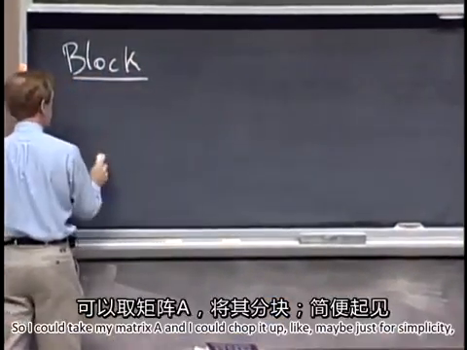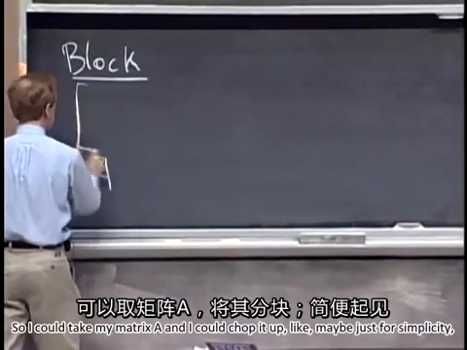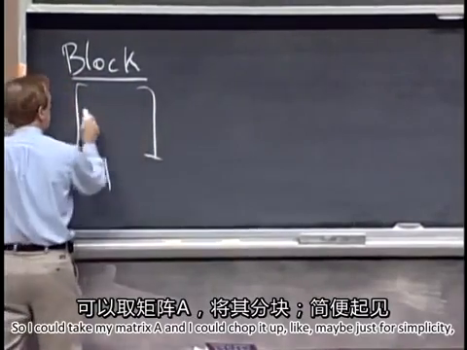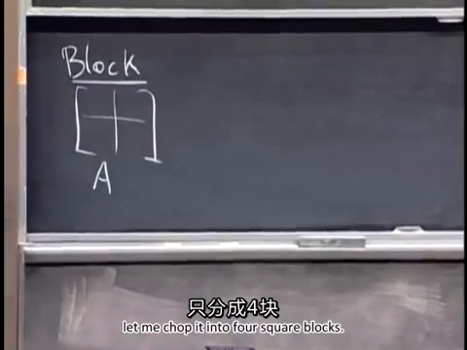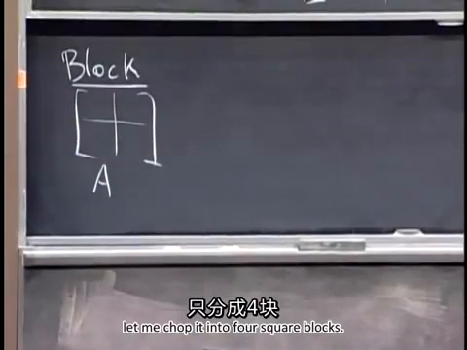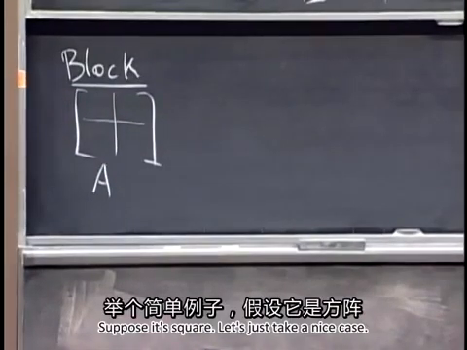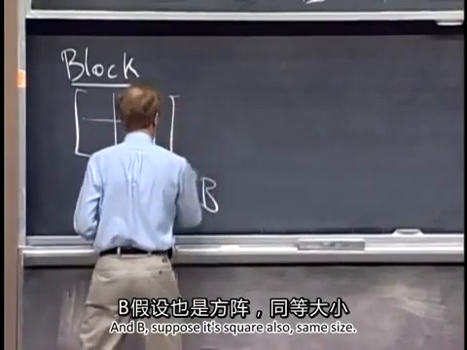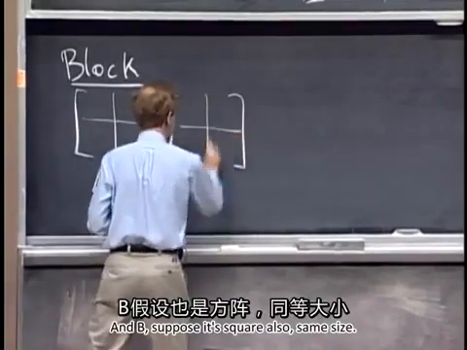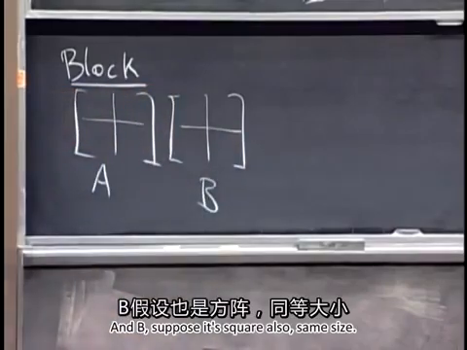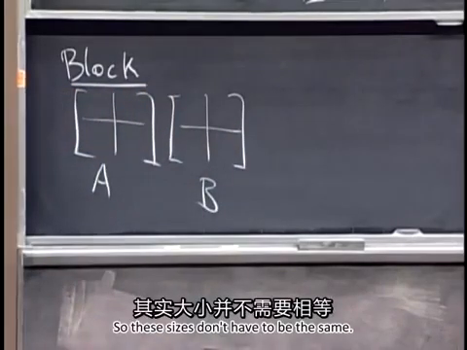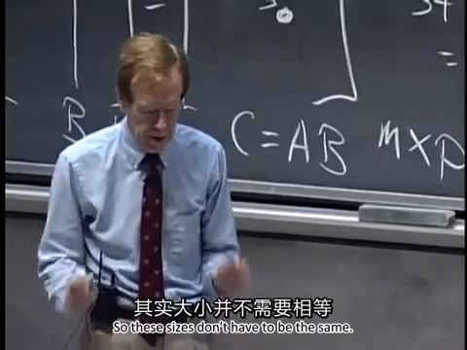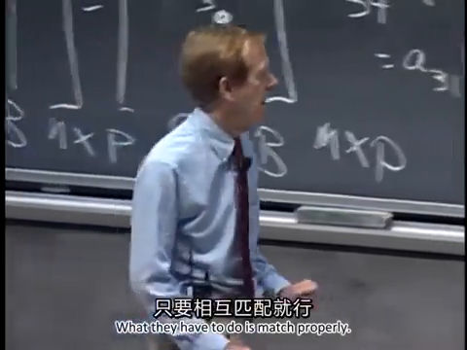So I could take my matrix A and chop it up, maybe just for simplicity, into 4 square blocks. Suppose it's square. Let's just take a nice case. And B, suppose it's square also. Same size. So these sizes don't have to be the same. What they have to do is match properly.